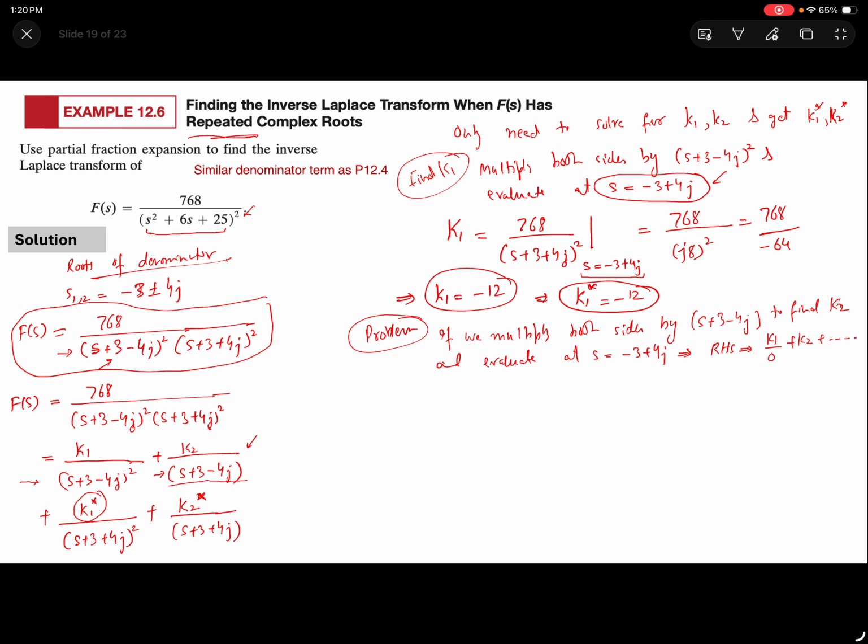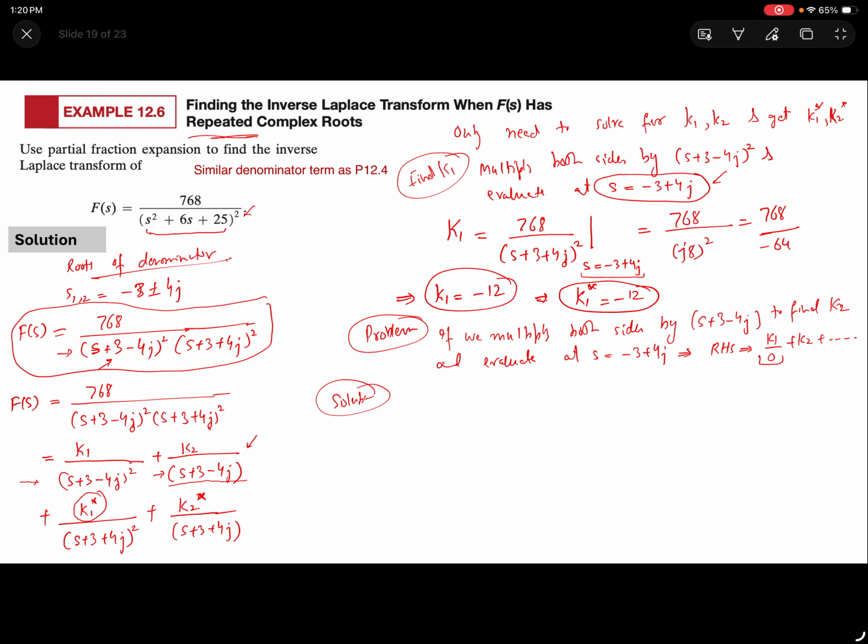We're going to get this 0 thing, and that is why we cannot use exactly the same way to do it. So we have to find a solution, and the solution to this problem is going to be something very interesting. In order to find k2, we're going to do an interesting thing.